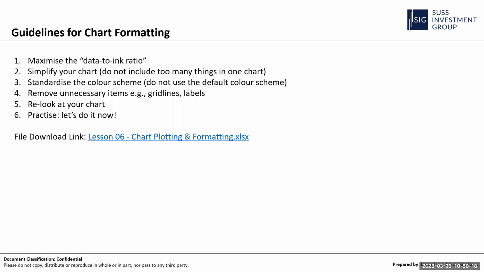So some guidelines for chart formatting. Firstly, is to maximize your data to ink ratio. So can anyone, what do you all understand from the first line? What is this data to ink ratio? I think I've shared about it before, but I don't think anyone has watched the video that I shared.